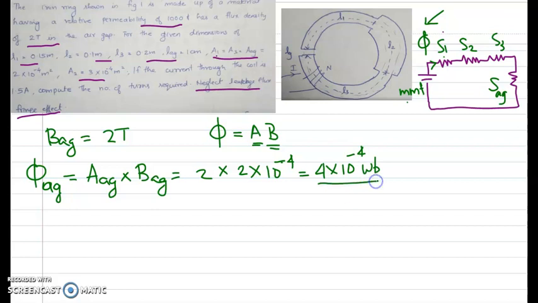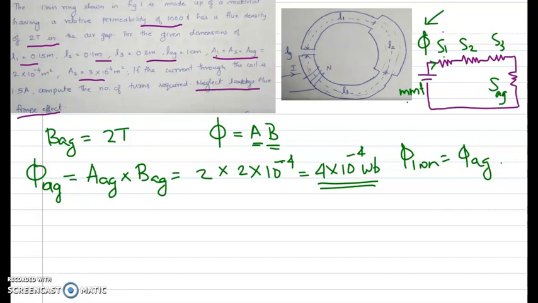So the flux in the air gap is 4 into 10 to the power of minus 4 Webers. Since the leakage flux and fringing effect are neglected, the flux in the iron path will be equal to the flux in the air gap.